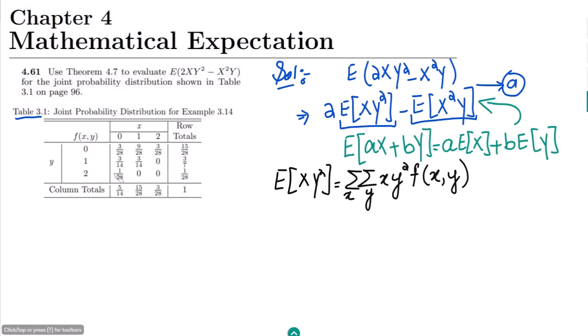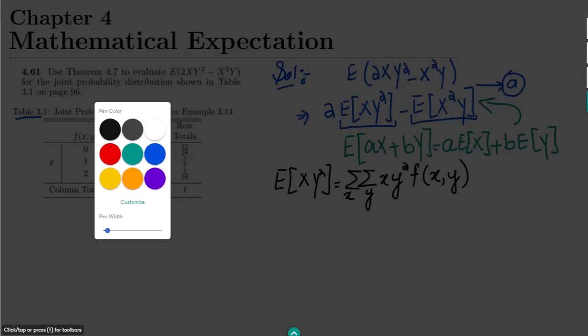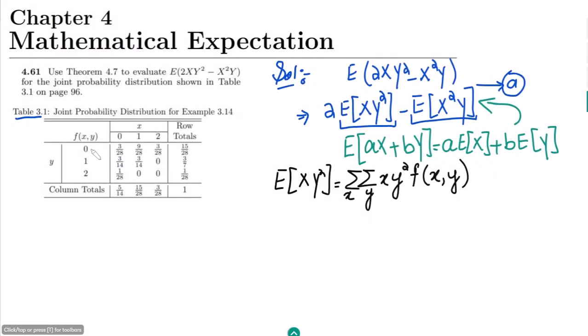Okay, so we can see that here all the values will be 0 because in this row we can see that all of them will be 0. In here we can see all of them will be 0 as well. Why? Because here y will be equal to 0, so multiplication here will become 0. Here x will be 0, so all of this will be cancelled out. This will also be cancelled out.